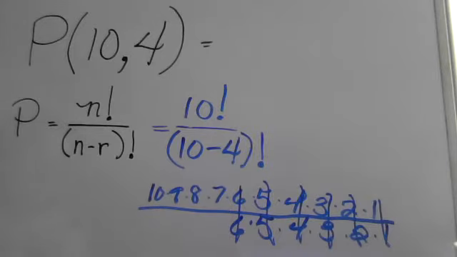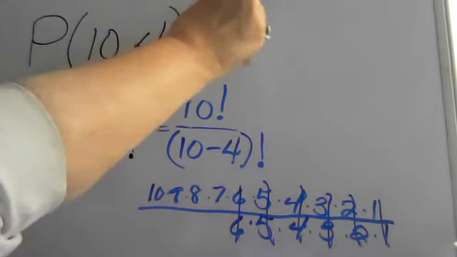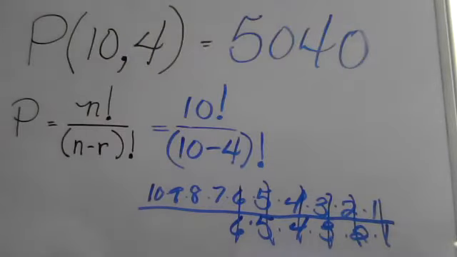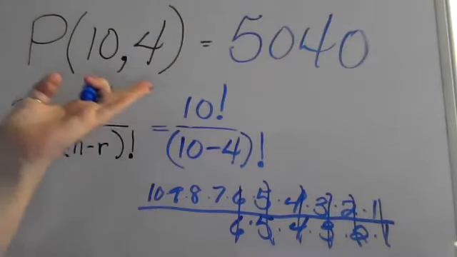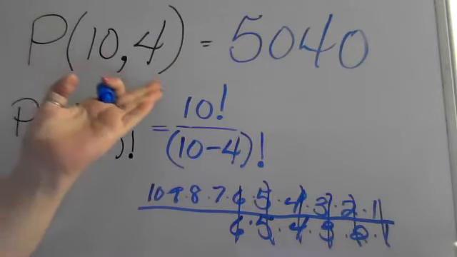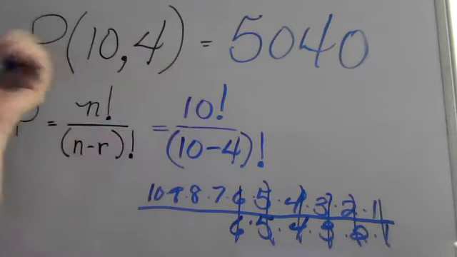Yes. So there are 5,040 different ways I could pick from these 10 people and put them in order: president, vice president, secretary, and treasurer. Do y'all see?